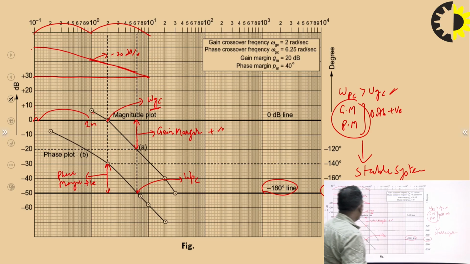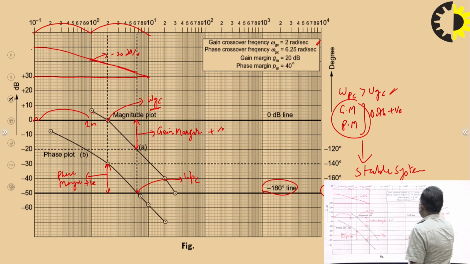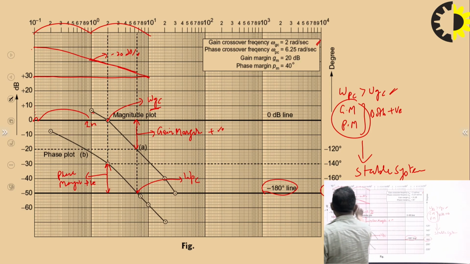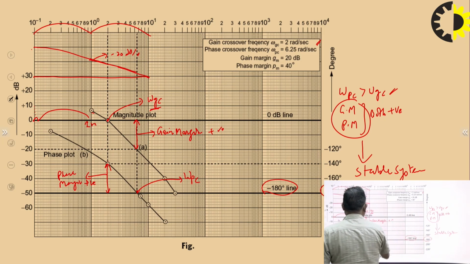Okay, and you can see here also the values are written, like gain crossover frequency is 2 radian per second. So this is the point which is mentioned here. Phase crossover frequency is the frequency at which this plot cuts here.